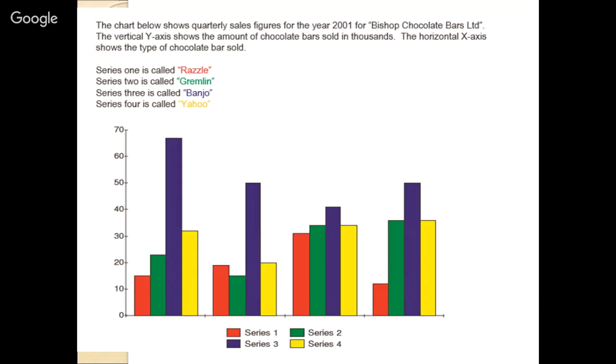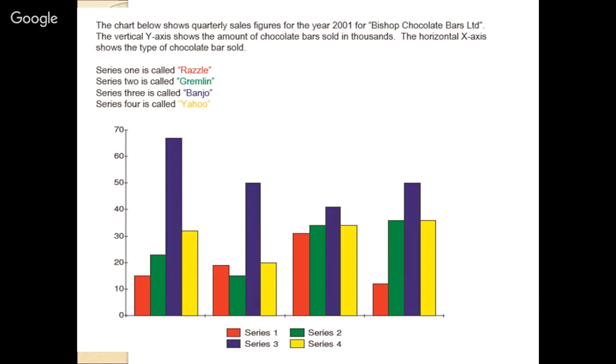So in this case, because in the first 3 quarters the figures were increasing, we saw 15, then 19, then 30, we can say the trend is one of increase, except for the final quarter when there was a significant decrease in sales.